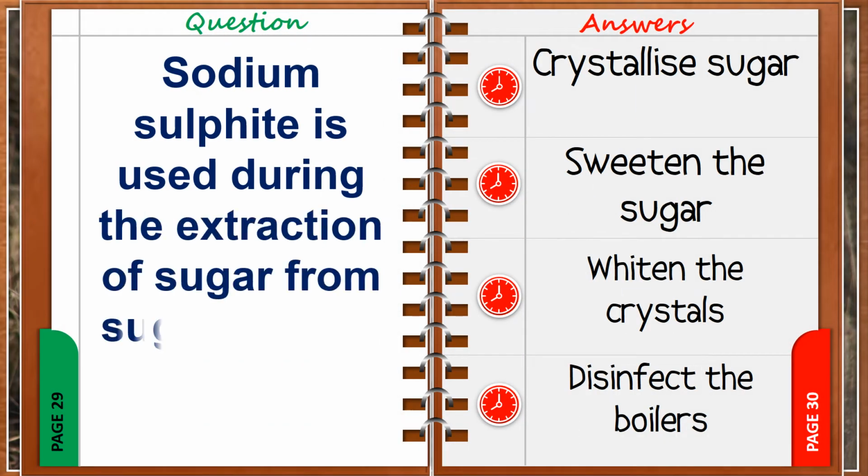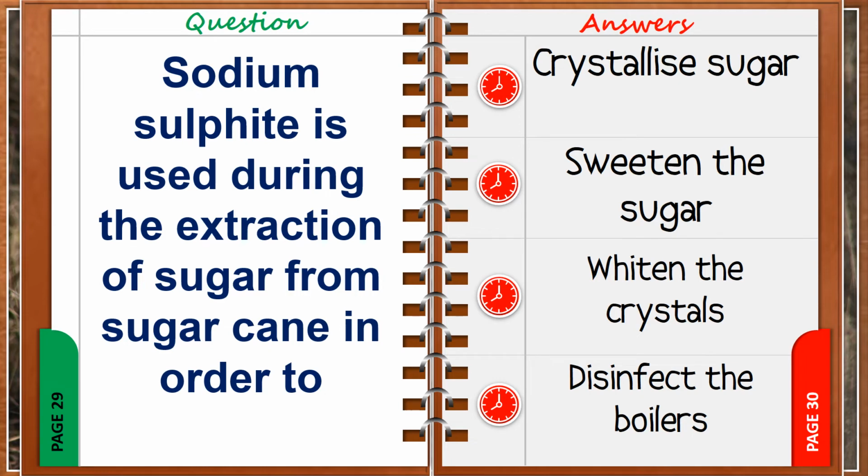Sodium sulphite is used during the extraction of sugar from sugarcane in order to crystallize sugar.